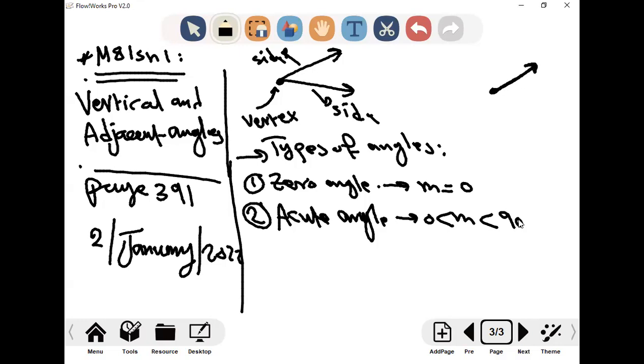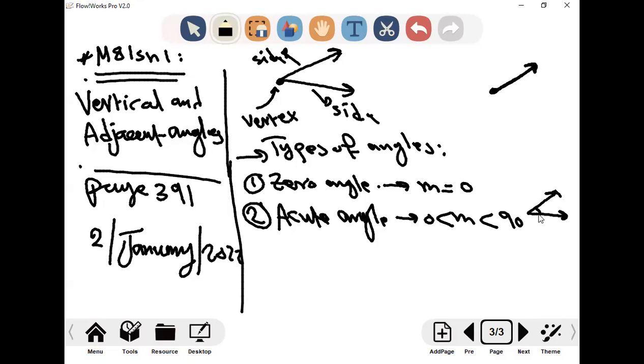We know inequalities now, right? The measure is more than 0 and less than 90, not equal. Any number between them, we call an acute angle. And its opening is kind of small, not a big, wide opening.